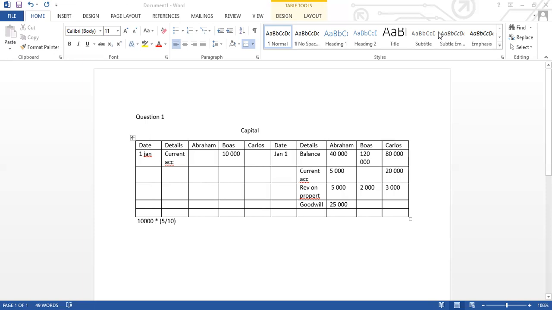Okay, this is what you do. When goodwill is to appear in the books of the new partnership, first thing you do is you share it among the old partners using the old profit sharing ratio. That is the first thing, on the credit side.